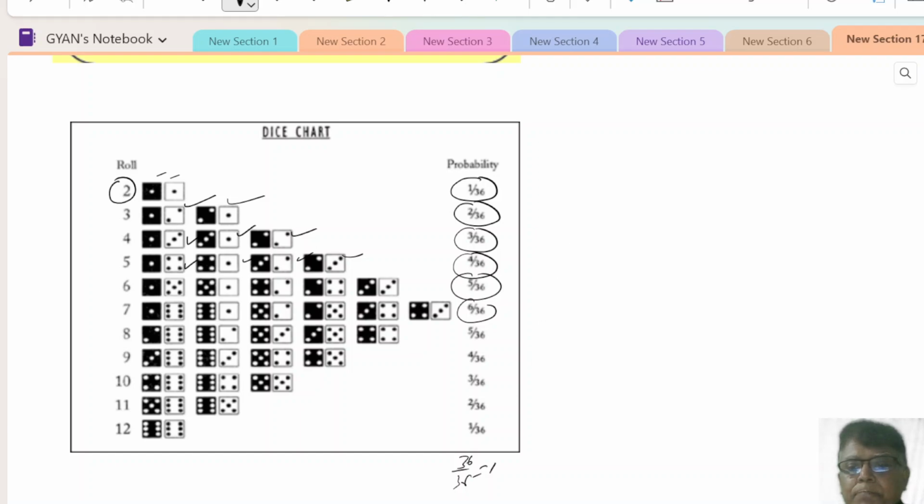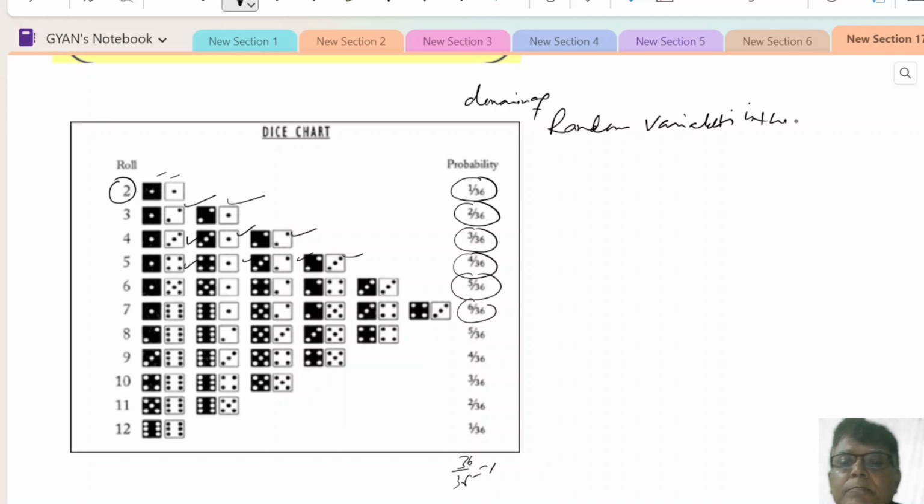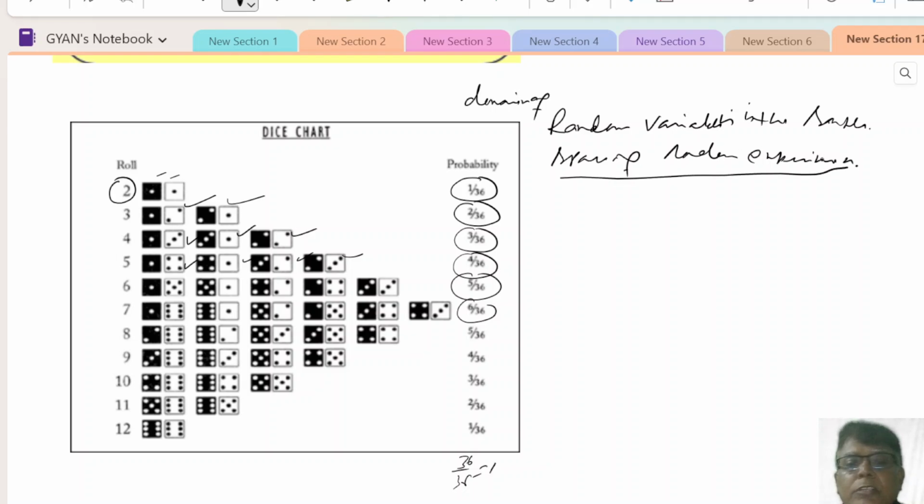So what have we learnt? We have learnt that this is the random variable and this is the sample space. The domain of the random variable is the sample space of the random experiment. It is the domain, which means no outcome should be left out.